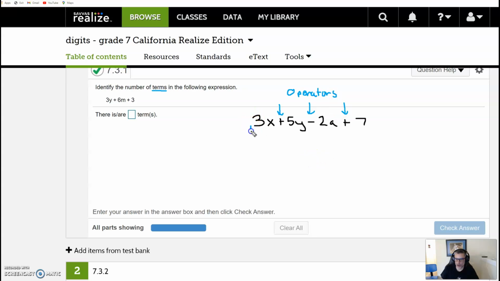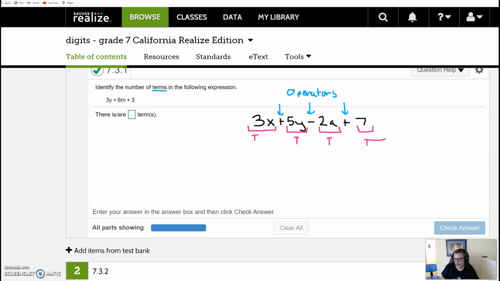But my terms are the 3x, I'm going to use a different color. That's the first puzzle piece, right? So I'll use T for term. I'm adding a 5y to that, so that's another term. And I'm subtracting a 2a, that's another term. And then I'm adding a 7.